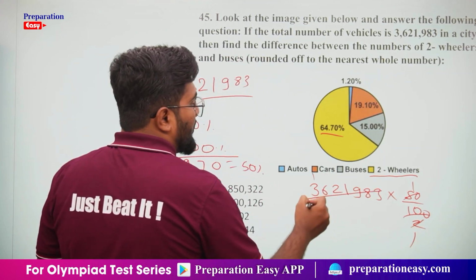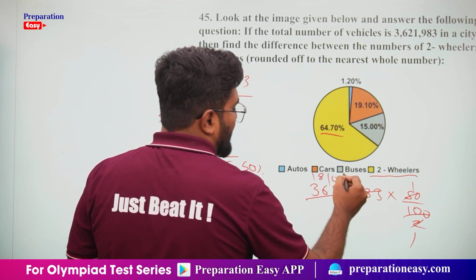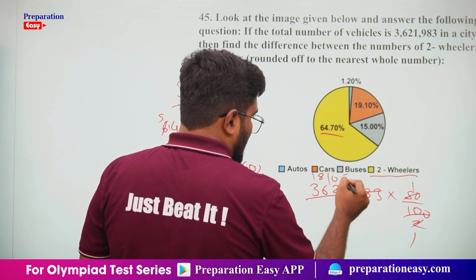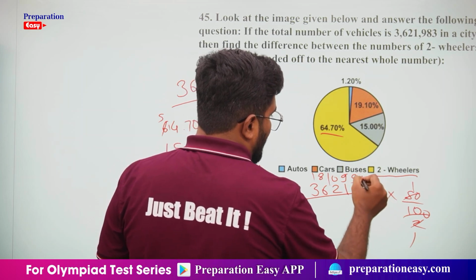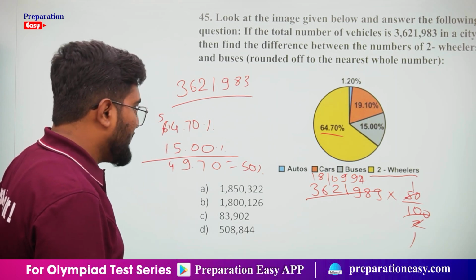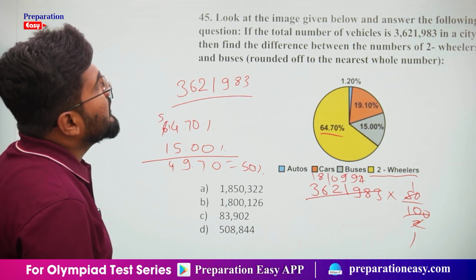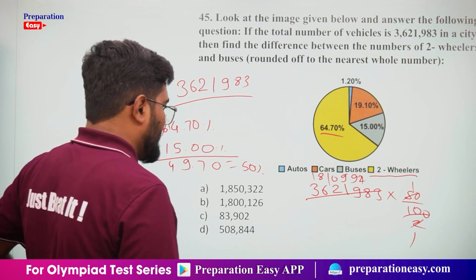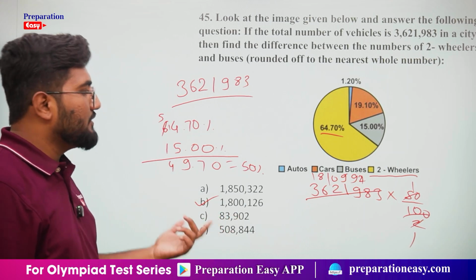It gives 1810994 after dividing, and the round off would be option B, 1800126.